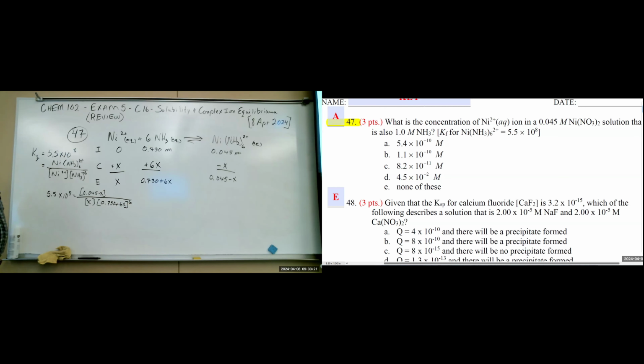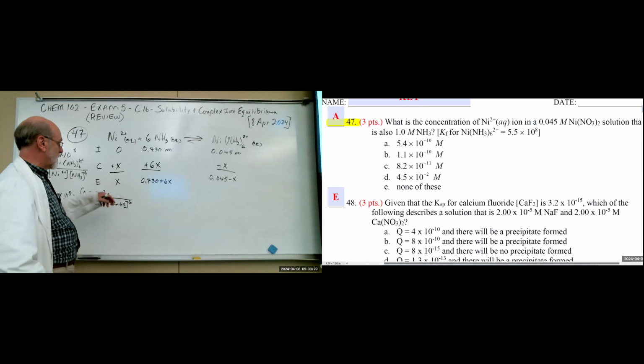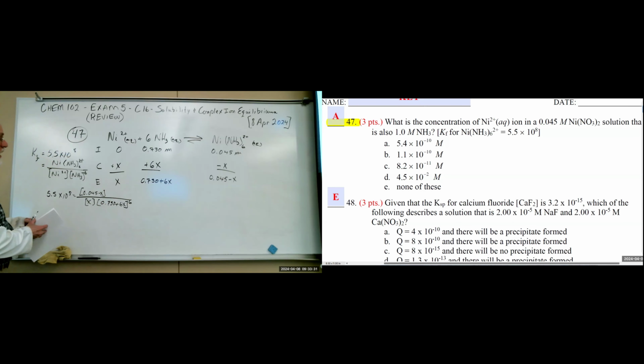Okay. Now, is X going to be large or small? Actually, X is going to be pretty small. We're not going to get a whole lot of nickel back from that reaction. I think what I did was I made the assumption that X was so small that we could ignore it.